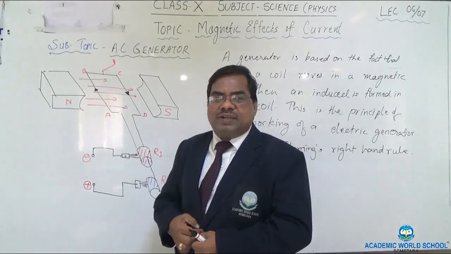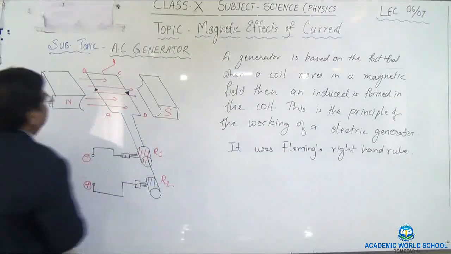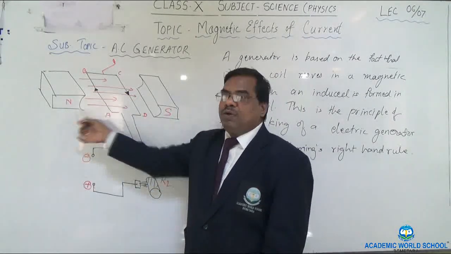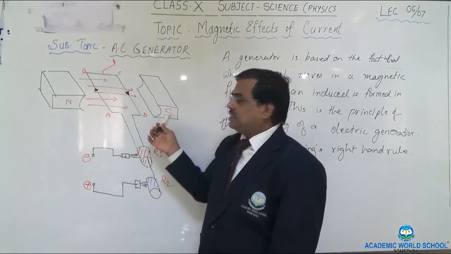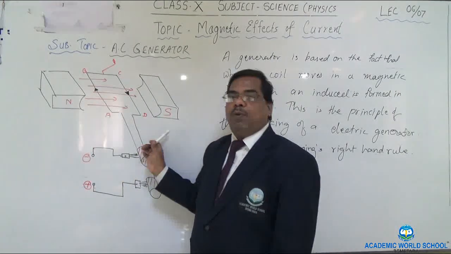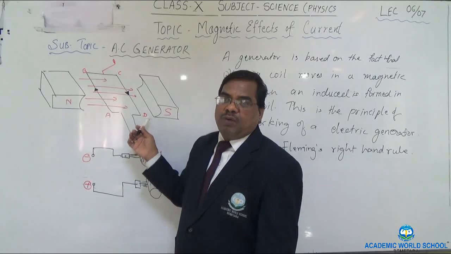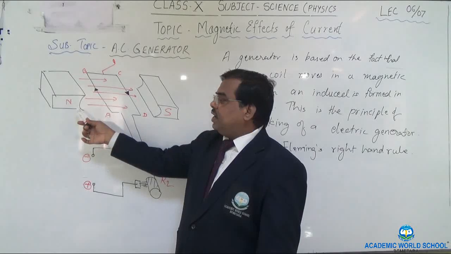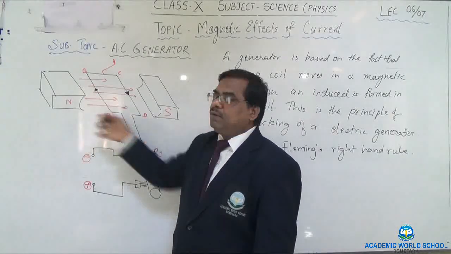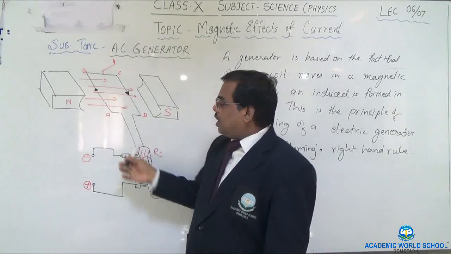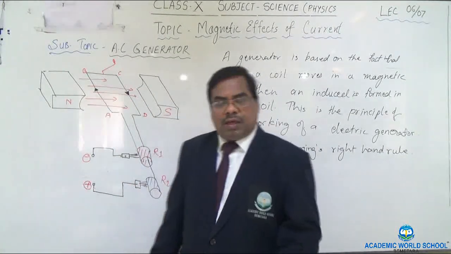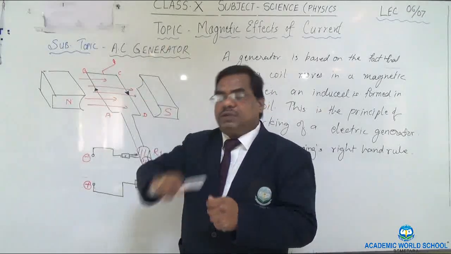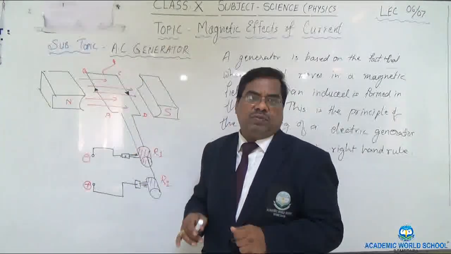What are the main parts? In a generator there will always be one pair of block magnets. This N and S are the two block magnets and they are used for producing a magnetic field. Then there will be an armature. Armature is a core on which the coil is wound.